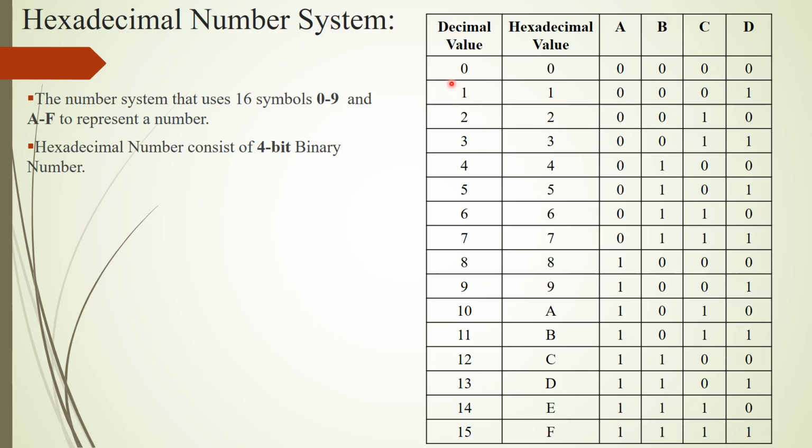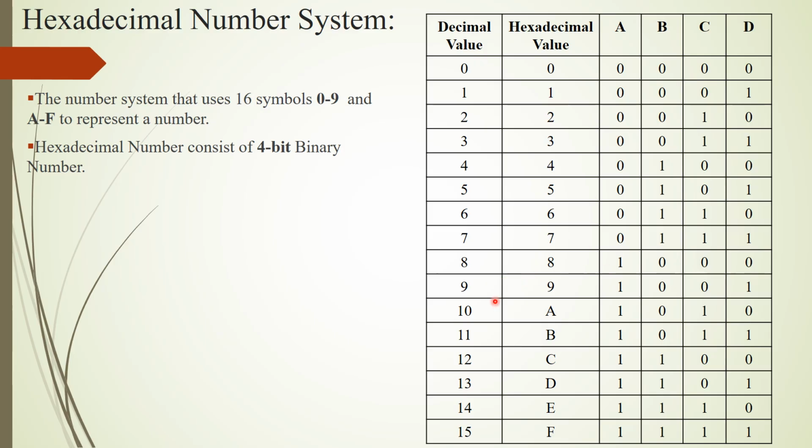So 16 possibilities are there. The decimal value 0 in hexadecimal is 0 and represented in binary as 0 0 0 0. The numbers 0 to 9 in decimal are the same in hexadecimal and also in binary.